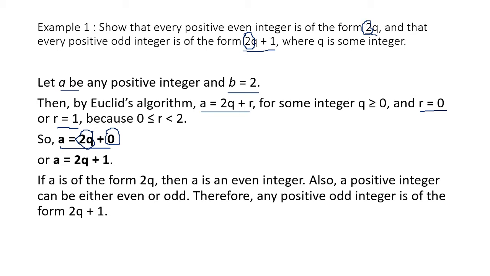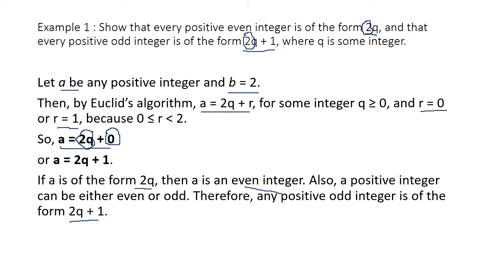So if a is in the form 2q, then it is an even integer, because all even integers are multiples of 2, meaning they come in the table of 2, so it will always give a remainder of 0. But if it is an odd integer, when you divide by 2, it always gives the remainder 1. So there are only two cases for the even and the odd numbers.